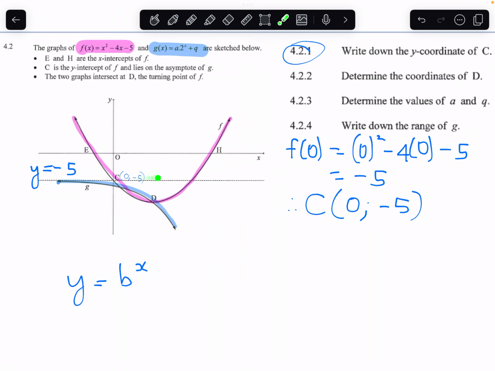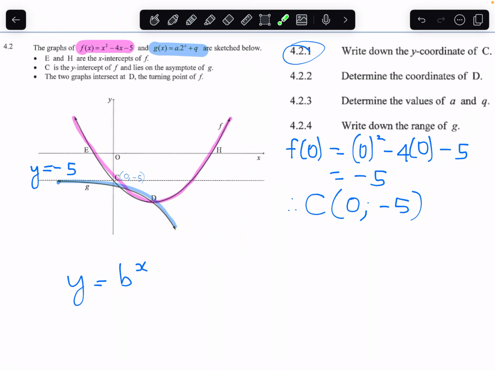So the fact that the asymptote is now at y is equal to minus 5 tells us that our basic exponential has been moved down 5 units. So q is negative 5. But we don't know what a is yet, we haven't been given a point that lies on g that would help us figure out what that is.